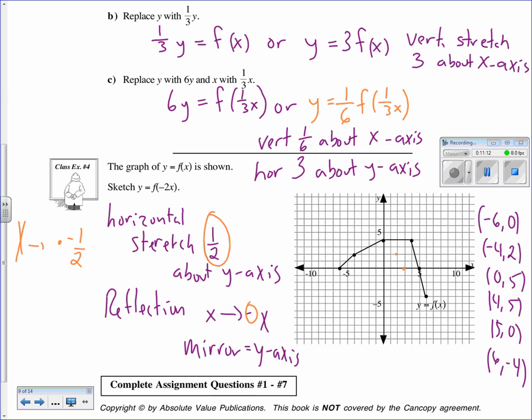And 5, that's going to be there. 4 times -1/2 is -2. So that's over here, (-2, 5). 5 times -1/2 is -2.5 and 0. And 6 times -1/2 is -3. And -3 is down here at -4. So connect those points, see how they compare to the answer.